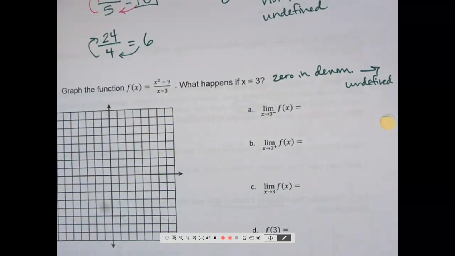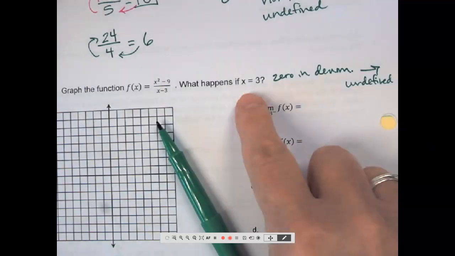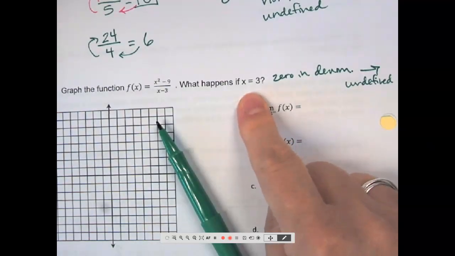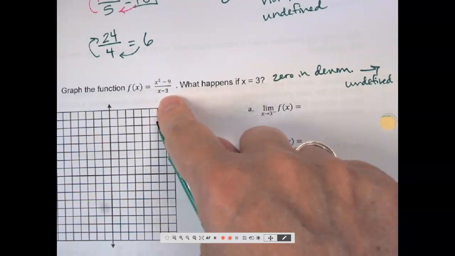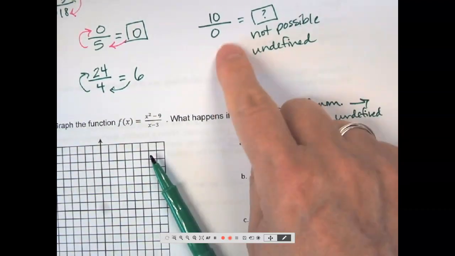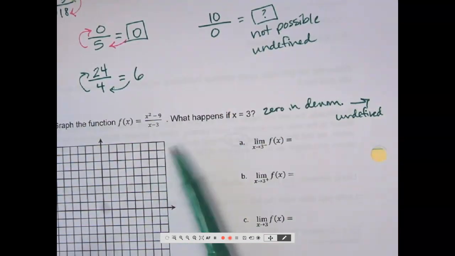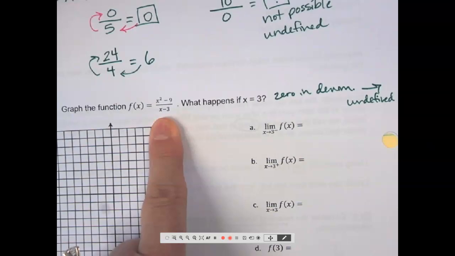Okay, so we're going to actually graph this, and maybe you haven't graphed anything like this before, but I'm going to show you how. We have to remember that x can't be 3. Because if x is 3, this becomes 0, which makes the whole fraction undefined, because we'll have this situation, which doesn't work.